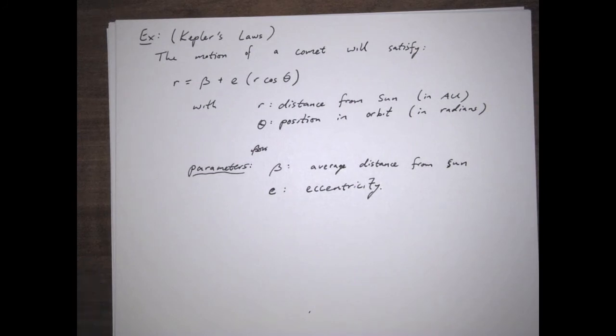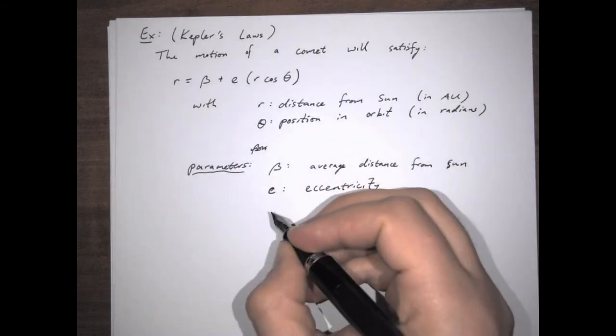A higher value here means a more eccentric orbit, and a lower value means less eccentric.